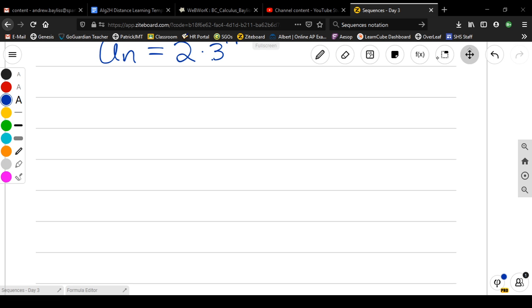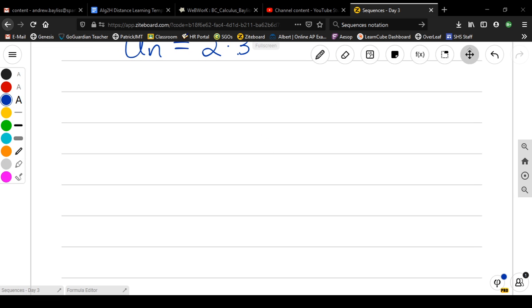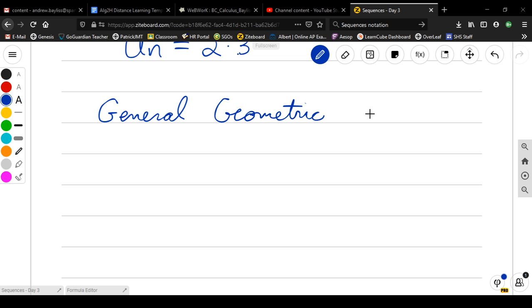All right? And in general, a geometric sequence would be like a sub 1, a sub 1 times r. Your common ratio would be r.